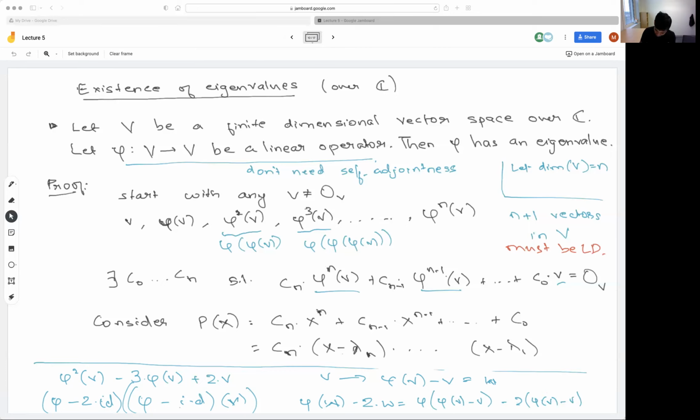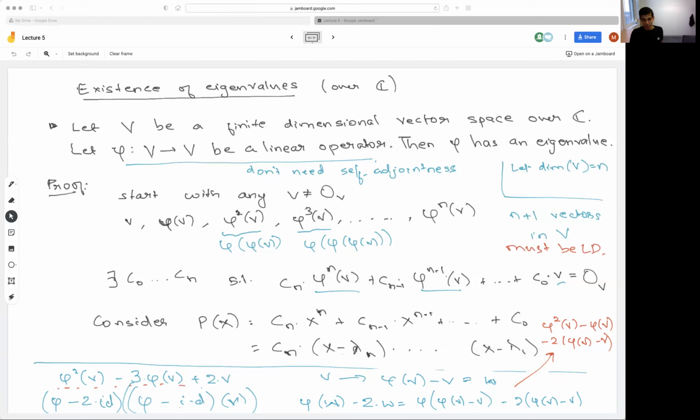And now you use linearity to say that phi of phi of v minus v is equal to phi square v minus phi of v. So you can use linearity to say that this is equal to phi square v minus phi of v minus 2 times phi of v minus v. And that's exactly what we had here, which is phi square of v minus 3 times phi of v plus 2v.